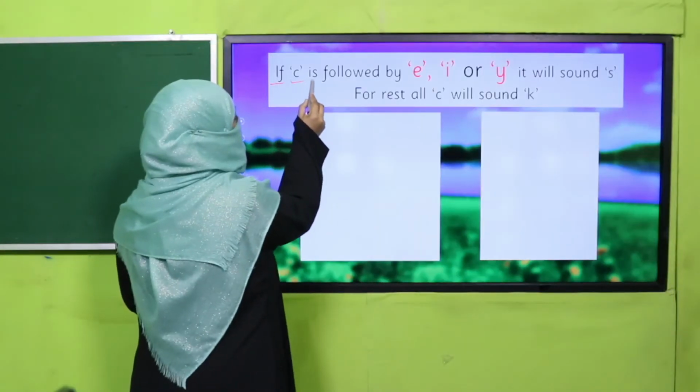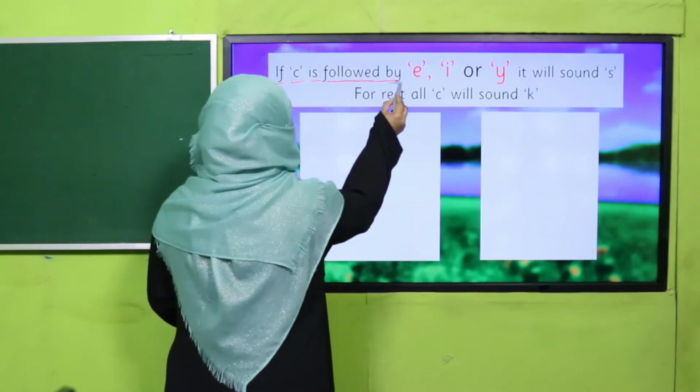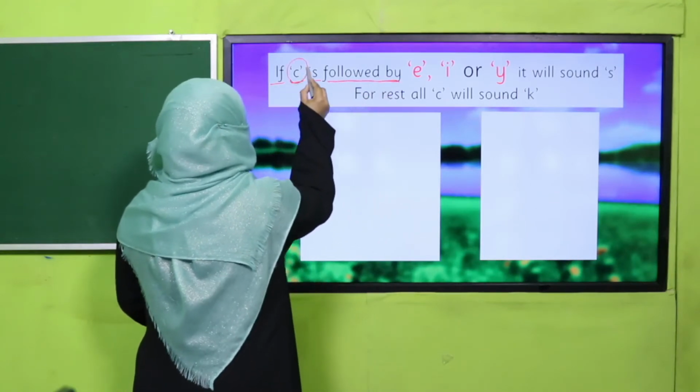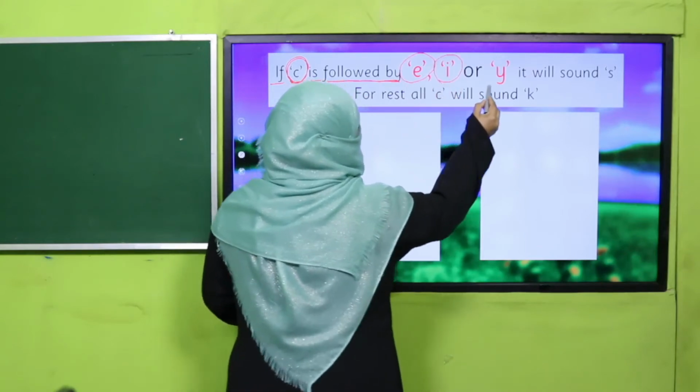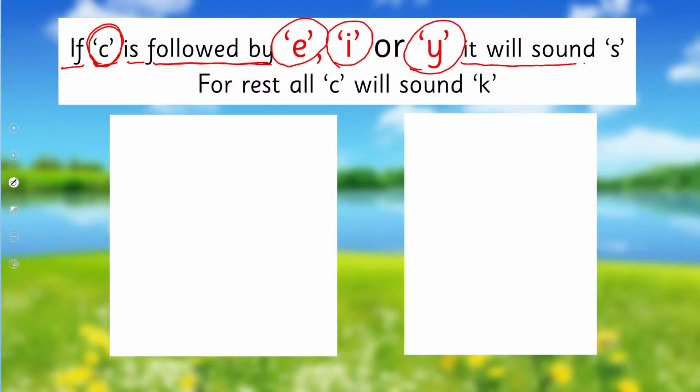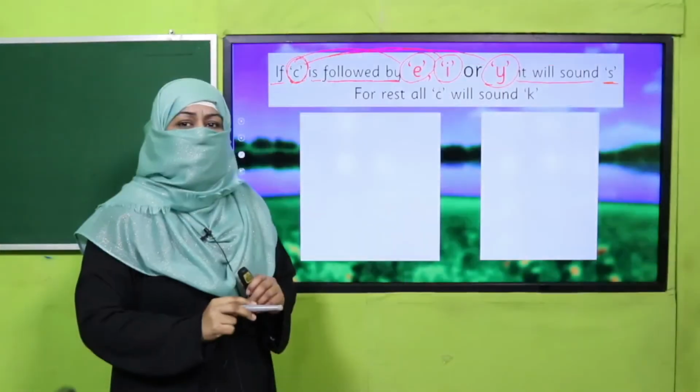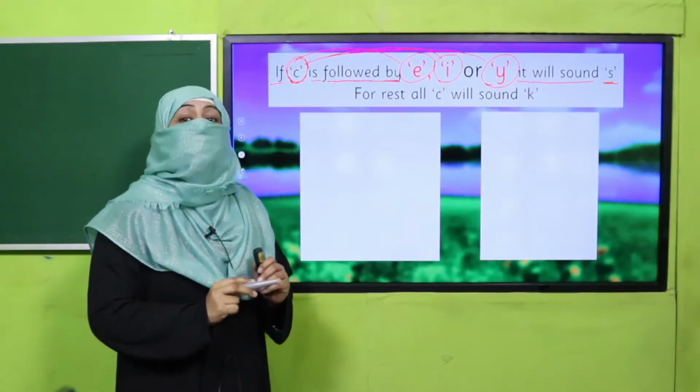If C is followed by, means if after letter C you find E, I or Y, it will sound S, means soft C. When after C there is letter E or letter I or letter Y, we will say it soft C, that sound.